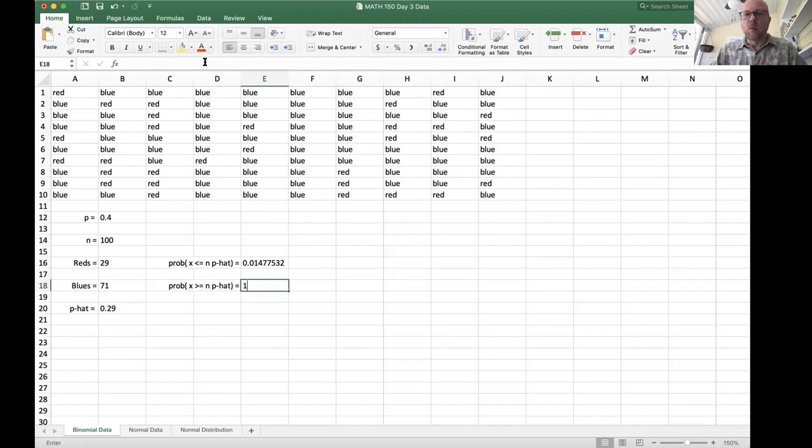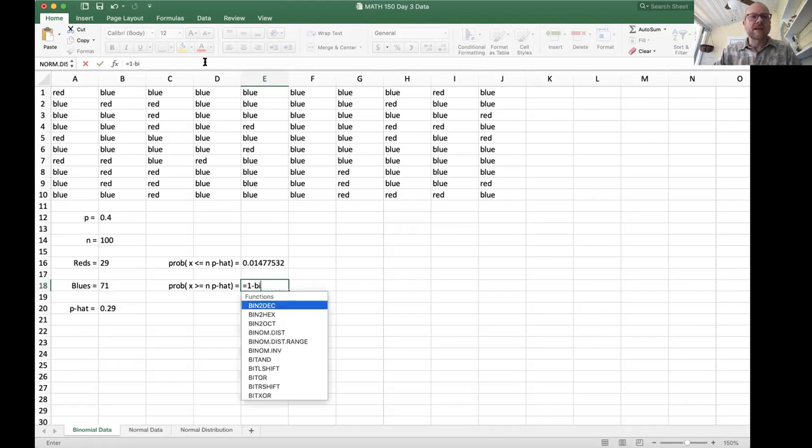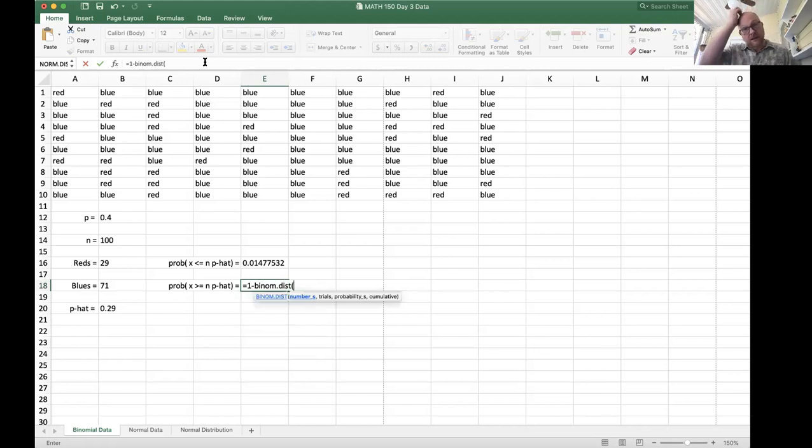So I say equals 1 minus, and then I say the binom dot dist. Okay, now here's the tricky thing. Because I said 1 minus, I'm going to be taking the opposite.